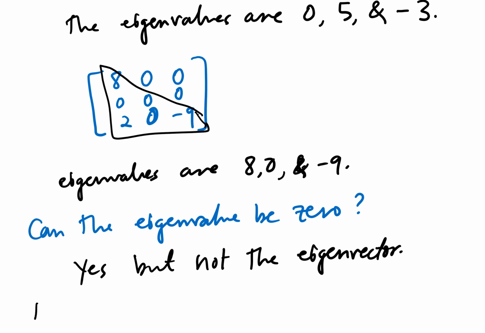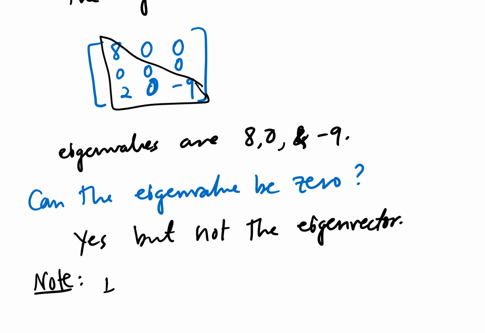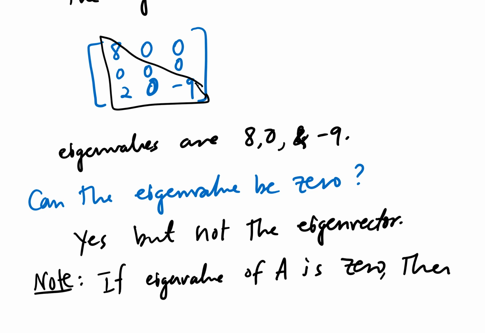And I can add a note here: if the eigenvalue of matrix A is 0, then this tells us AX equals 0X, or 0.